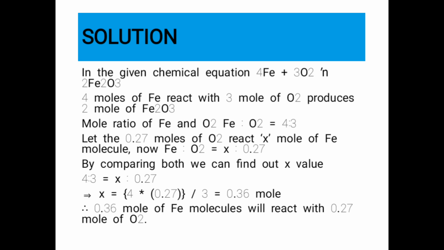That's 0.36 mole. So 0.36 mole of iron molecules react with 0.27 moles of oxygen molecules. Or we can also say, like we usually do, 4 moles of iron is equal to 3 moles of oxygen. Then X mole of iron will go to 0.27 moles of oxygen. Then you cross multiply.